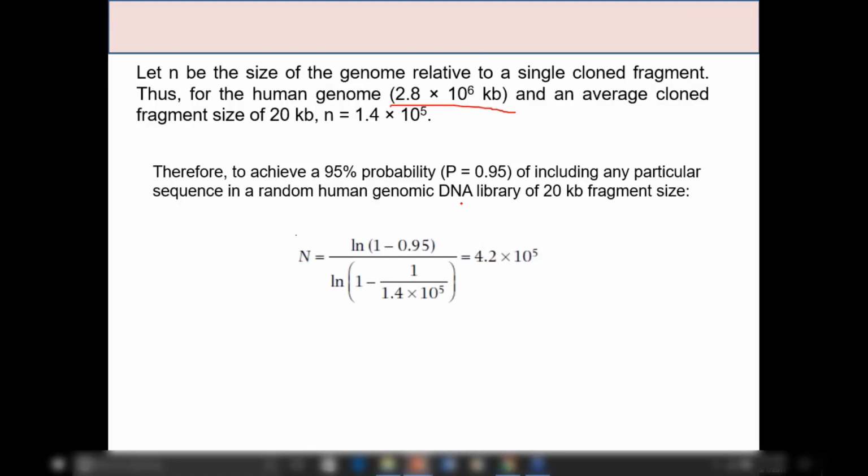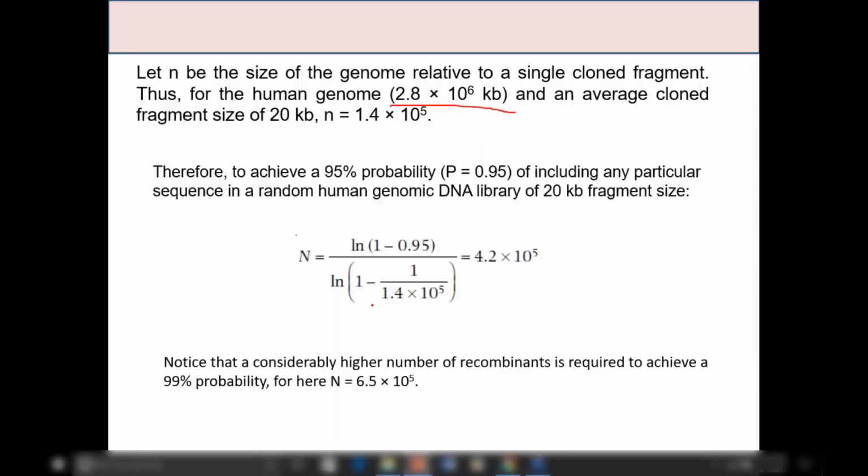So I showed the answer, work it out, you will get it. I am not keeping 1 as A, that is a simplified version. The same way, if I increase the probability, here what I want to tell you is this size: if I want to cover 95%, I need 4.2 into 10 to the power 5 clones.